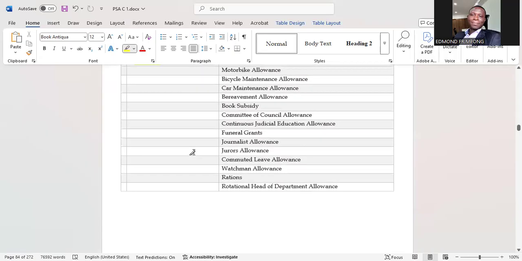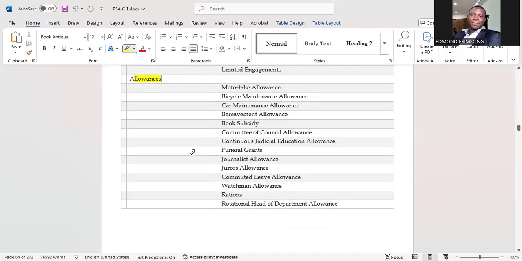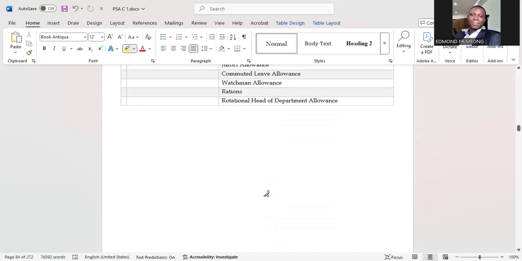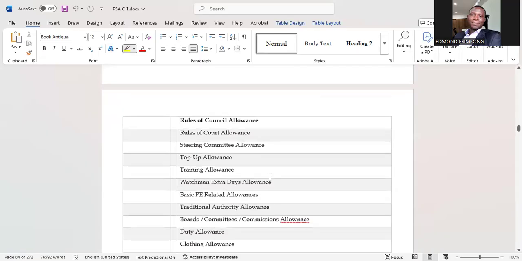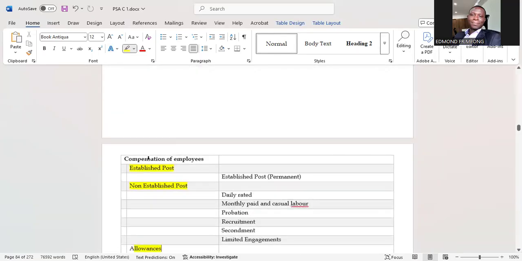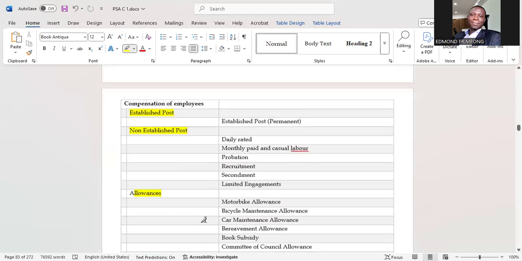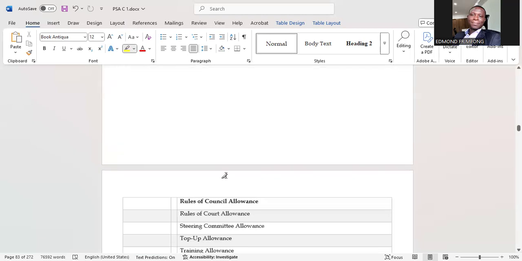Okay, so please note this table very, very well. It's very, very important. Watchman allowance, rations, in fact, any form of allowance. Then rules of council allowance. So the main heading, which is compensation of employees, is there. Then any other allowance, you will see.